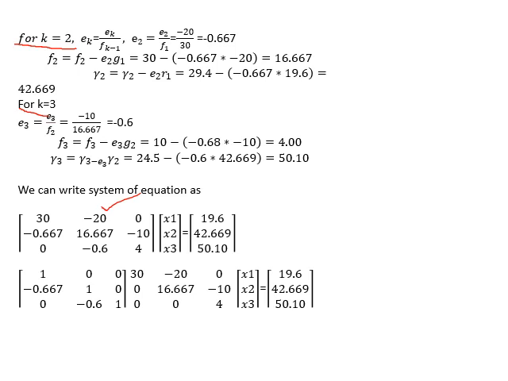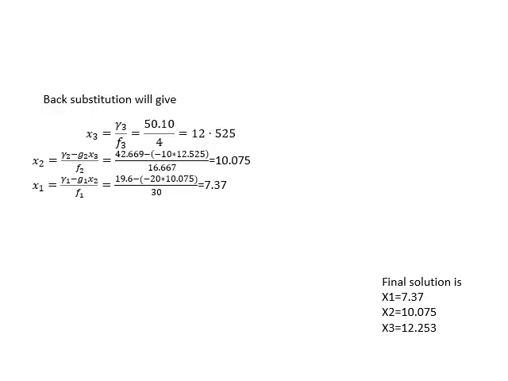This can be written as the product of a lower triangular matrix and an upper triangular matrix as shown here. But that is not relevant. We will just implement back substitution and we will get x3, x2 and x1, which is the final solution.